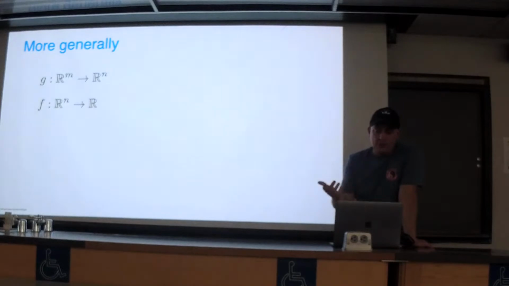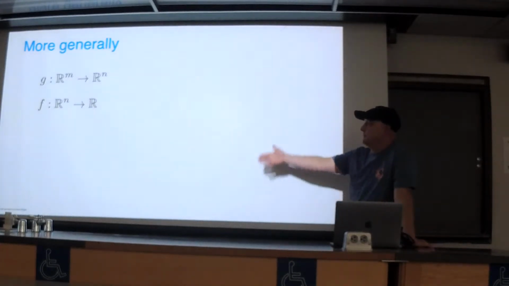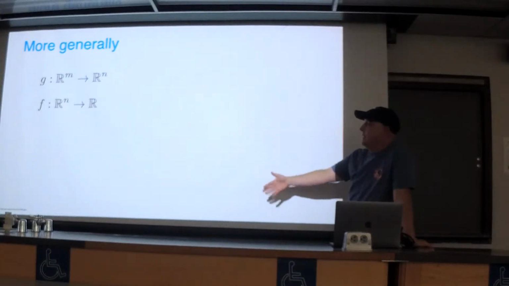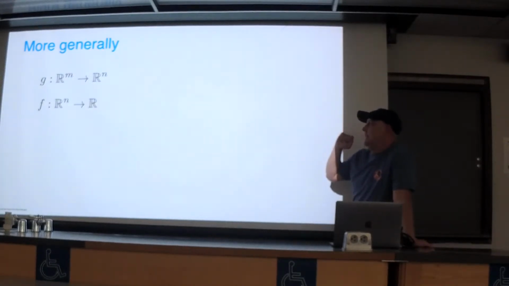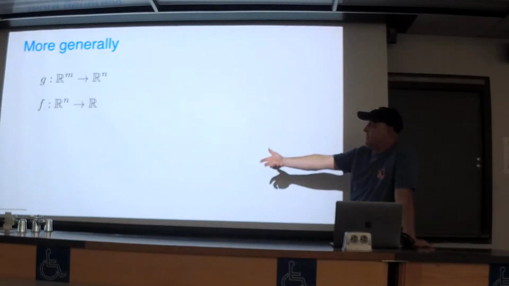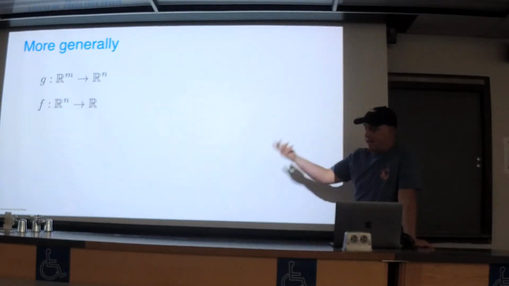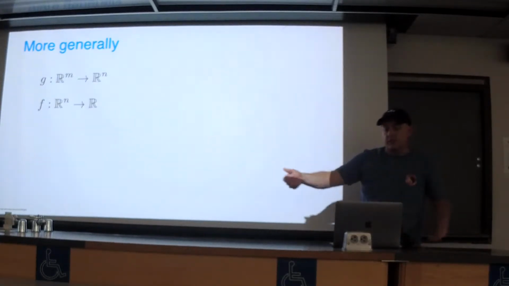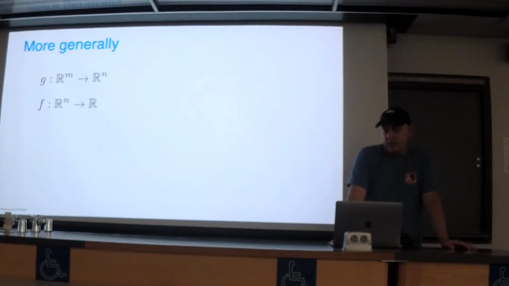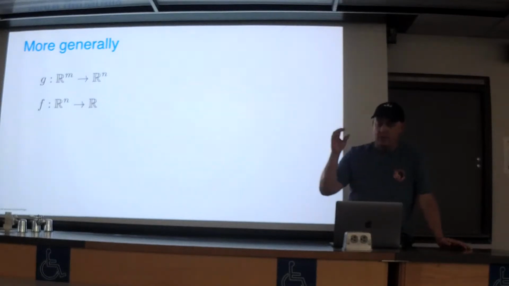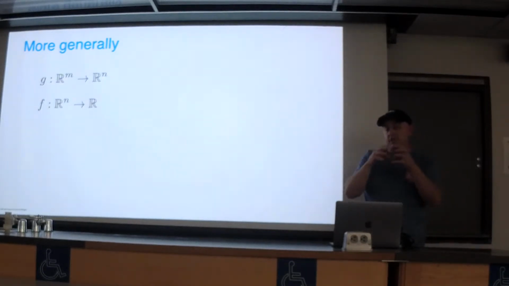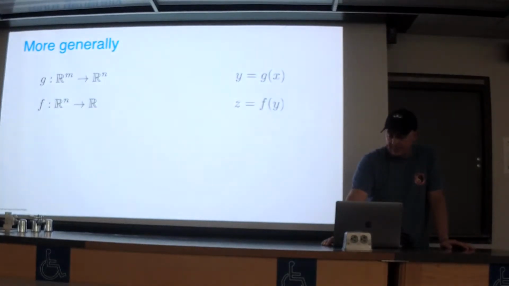But in general, we could have a multidimensional input of dimension m, and then that could be operated on and take us to an output of dimension n, and then that output of dimension n would take us to a single-dimensional output. That would be like our loss, right? We define losses so that they give us a single number to tell us how well we're doing on the task. So what does the chain rule look like here?